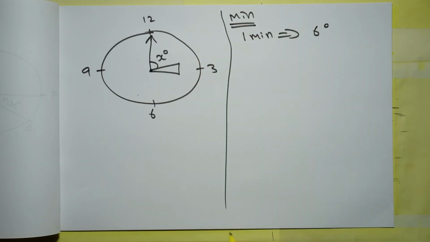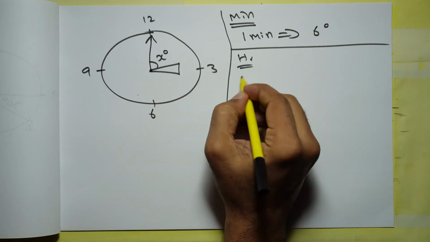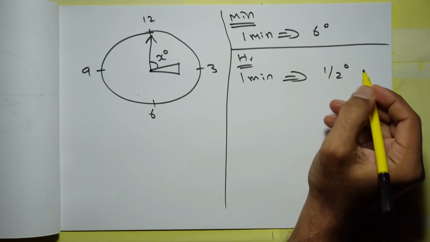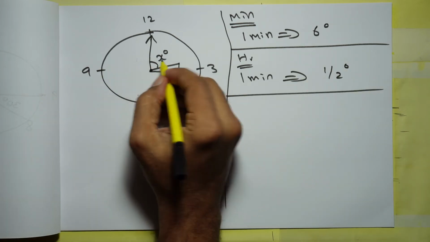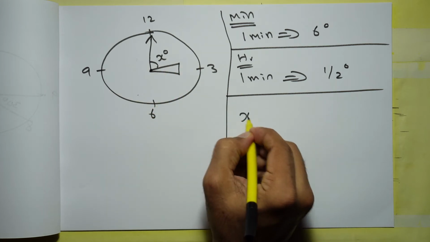And if you look at the hour hand alone, in 1 minute it will move half a degree. Now the question is, right now the angle between hour hand and minute hand is x degrees. What will be the angle after 1 minute?